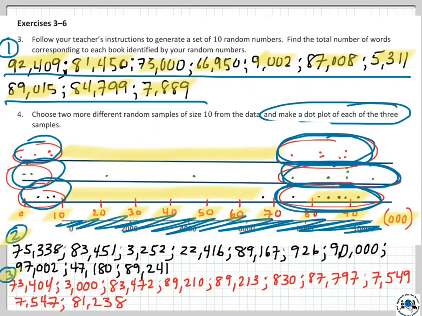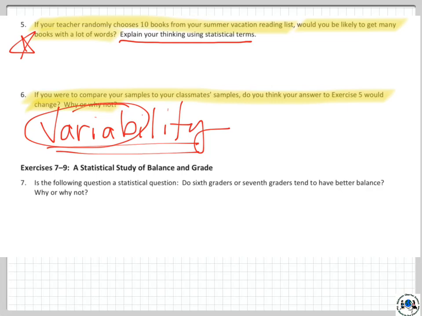I could do this another 5, 6, 10 times, and I may have similar groupings. But this here, it's variable, and your answer could have changed for that, or maybe not. Again, this is the perfect imperfection of statistics.